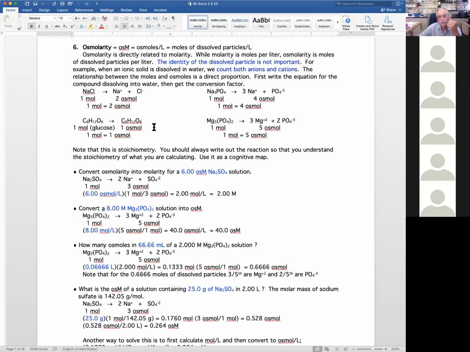So let me ask you a question. Is this a direct proportion right here? The conversion between moles and osmoles, is that a direct proportion? Yes, it is. And is it just stoichiometry? Yes, it is. 1 of these gives me 2 of those. 2 of those will give me 4 of those. 0 of these will give me 0 of those.